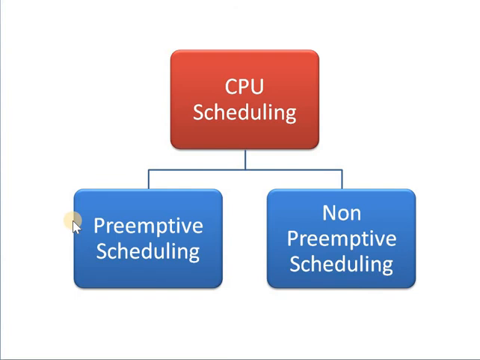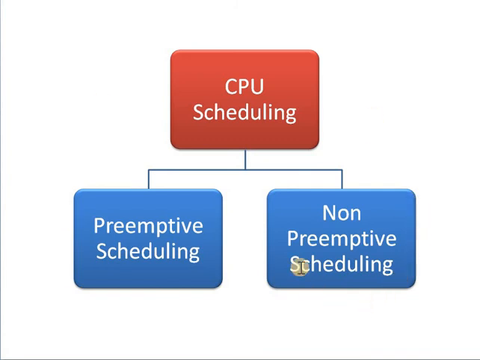While it executes, the old process is in a hold state, and after the higher priority process completes, the CPU is allocated again to process P1, the old process.